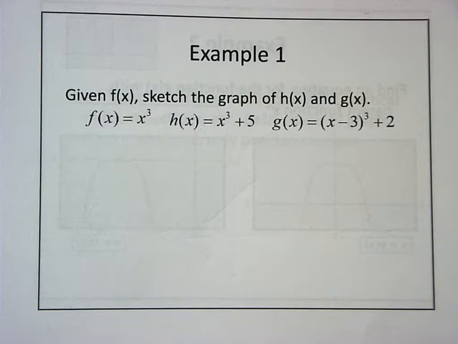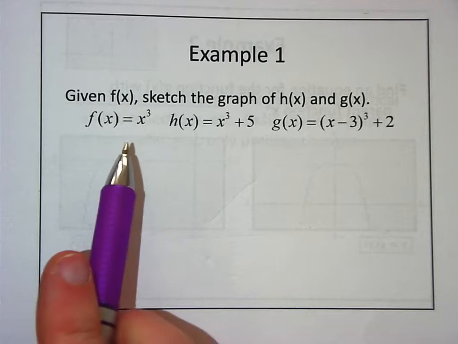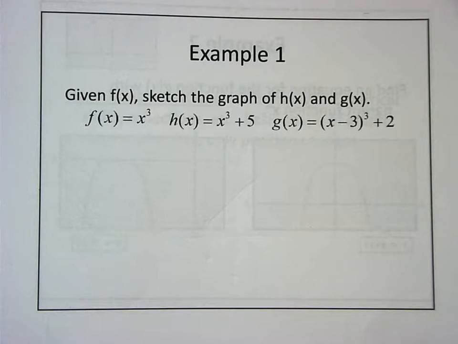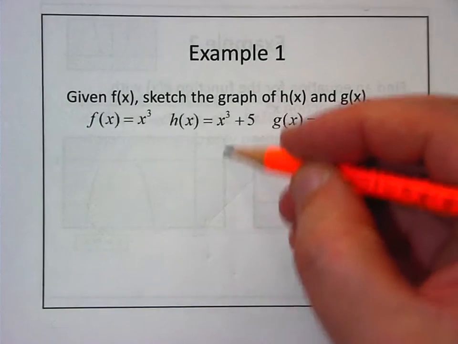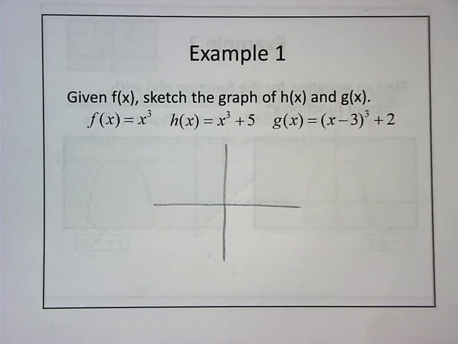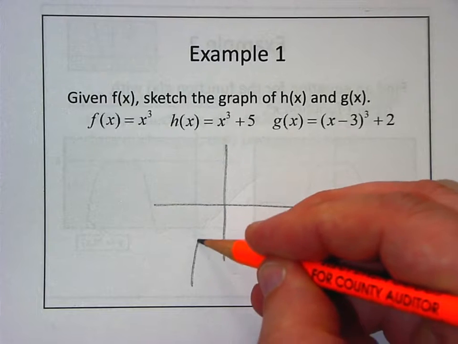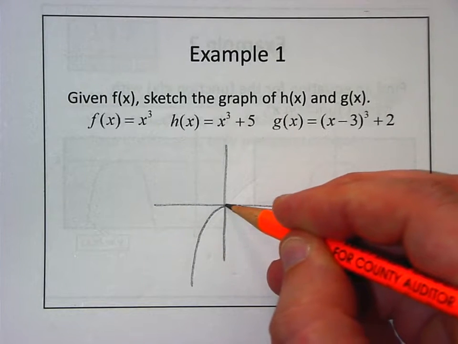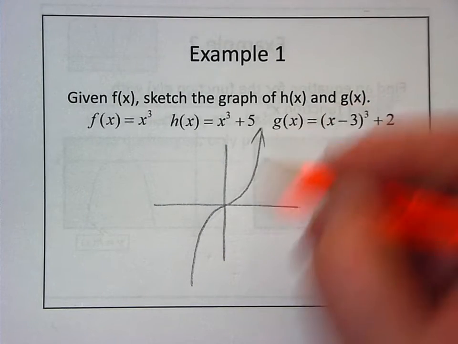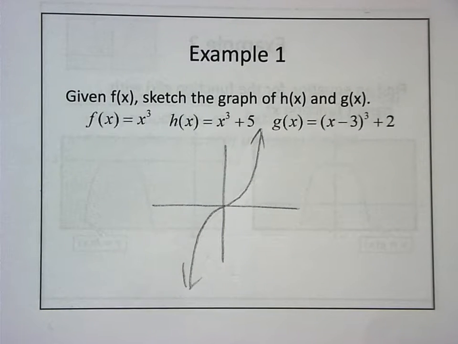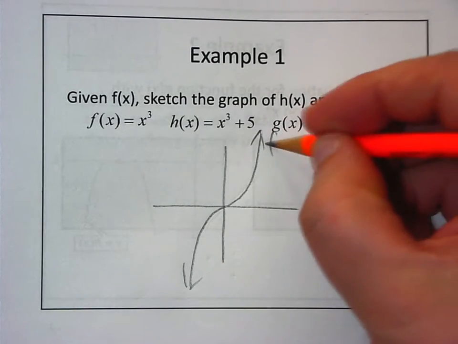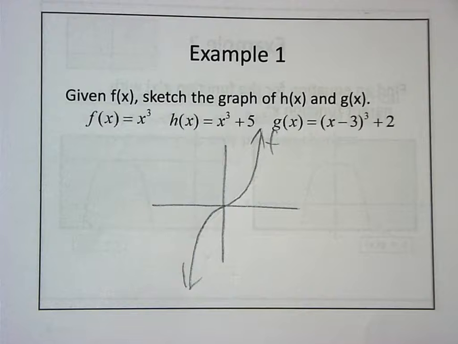For this part, given f of x is equal to x cubed, sketch h of x and g of x. So I'm actually going to do all these on the same graph. Regular x cubed is going to look roughly like this. Now it says sketch, which means I don't need everything to be dead on for all the points. I just want a rough idea of what's going on. So this is the f function here. For the h of x function, how is that going to change?